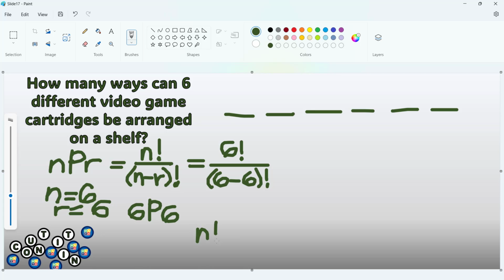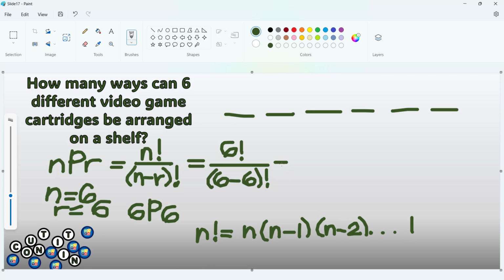Just a short review. N factorial means the product of all integers n in descending order. So you have n times the number before it, n minus 1. So in this case, if it's 6 times 5, then n minus 2 times 4, until you reach 1. You'll be multiplying all of them.